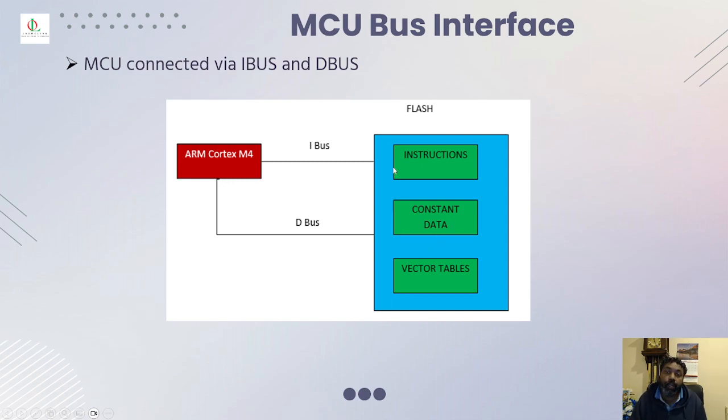The internal flash also has vector tables. You will learn about vector tables in a further session, but this is the internal flash architecture: instructions, constant data, and vector tables. And this is how you communicate with the microcontroller through the instruction bus and data bus.